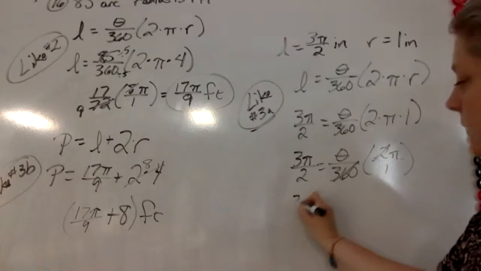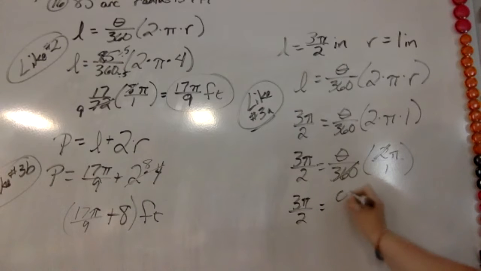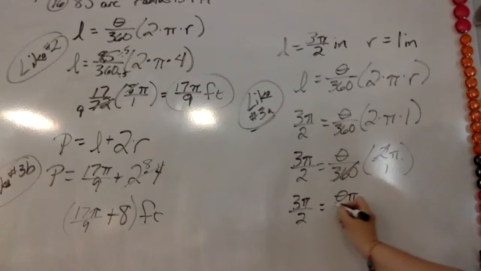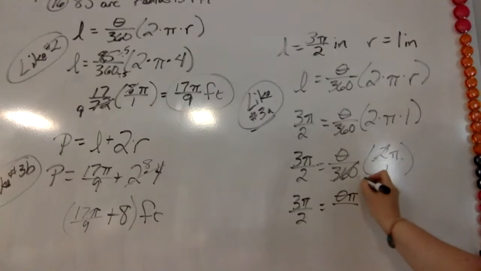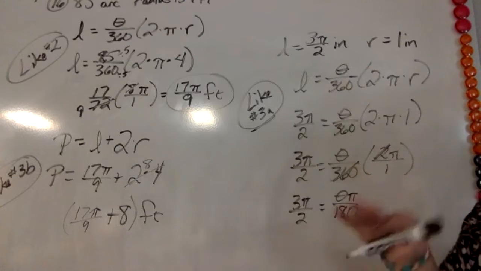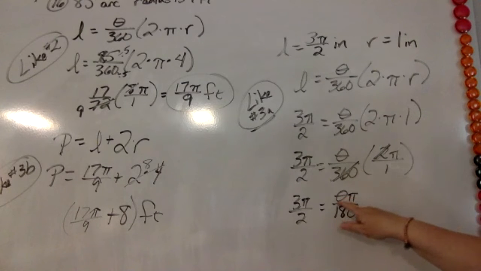So I have 3 pi over 2 equals theta times pi, because I still have those left in the top, over 180, since 2 went into 360 180 times. Remember, 360 is your full circle, so half of it is a semicircle, 180 degrees. Now, our goal is to get the theta by itself.